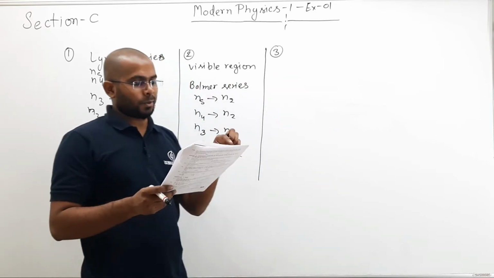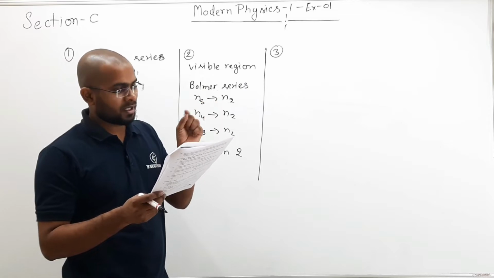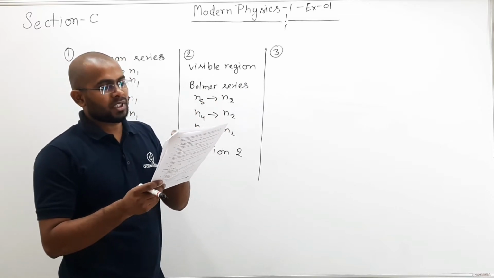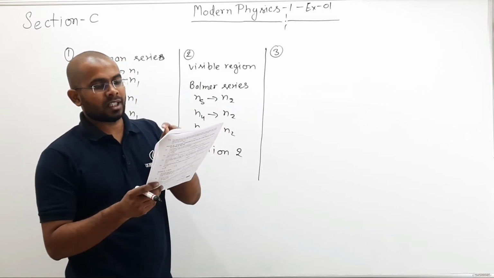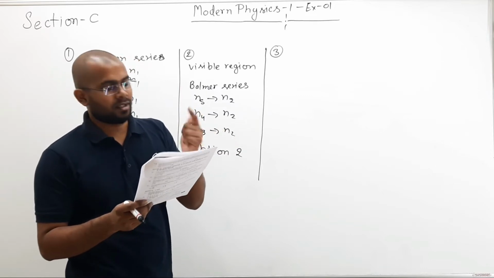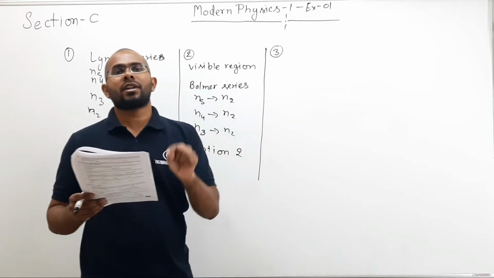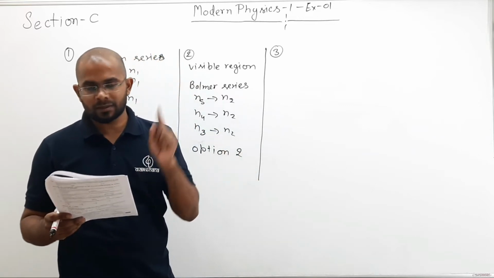So there are three options. Atom is hollow. Yes, most of the atom is empty space. Whole mass of the atom is concentrated in a center called nucleus. That is also correct. Nucleus is positively charged. That is also correct. All these three conclusions were drawn from Rutherford's alpha particle experiment.